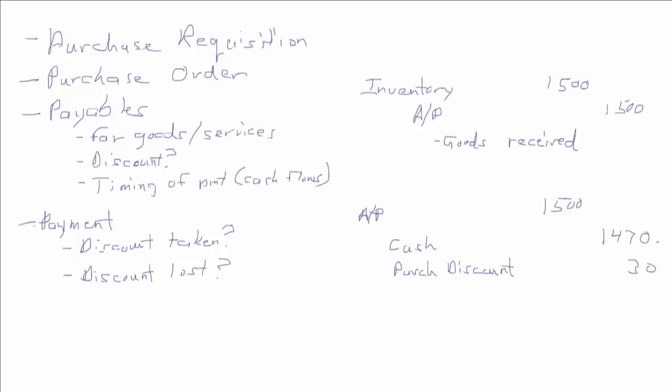All right. And then we will put in the comment, paid for purchase with 2% discount. So basically, this is the overview of the accounting, overview of the steps that take place. So let's jump into some more detail.